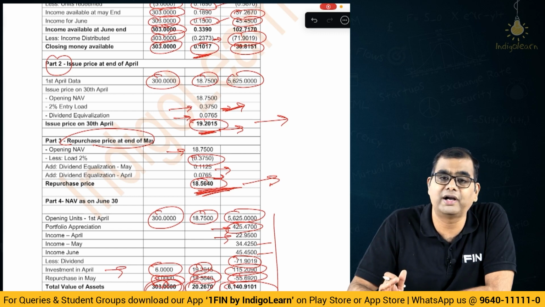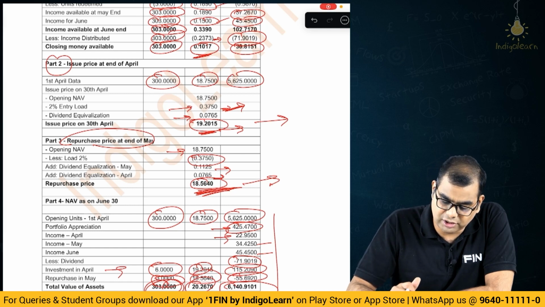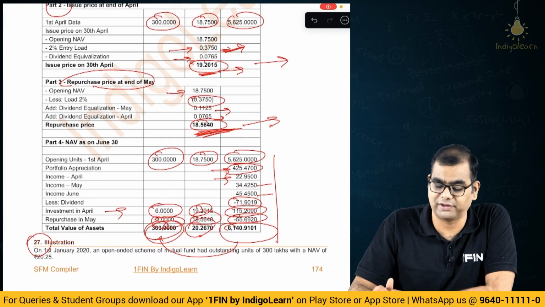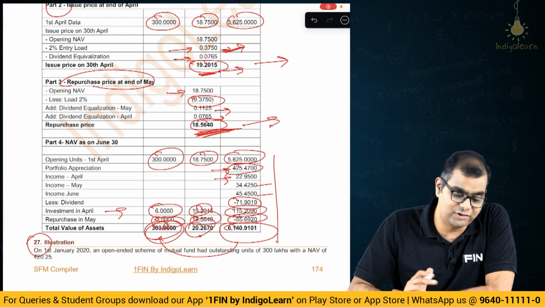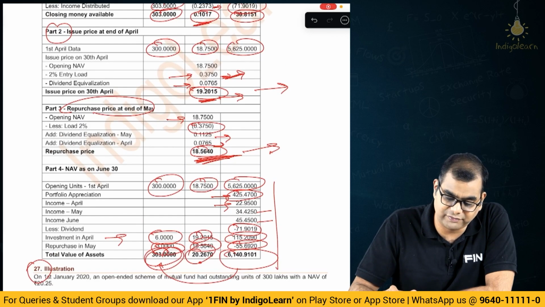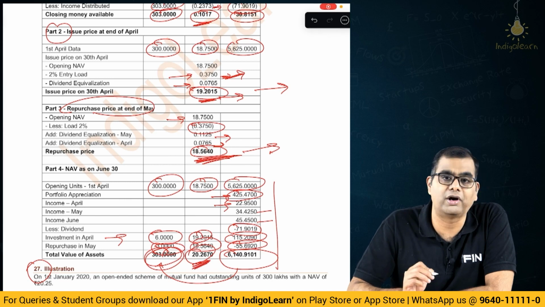So, basically 3.375 lakhs you made. This if you divide it by 303, you get 0.011. That you add to 18.85, you get 18.96. Plus, you have the portfolio appreciation, 425.47. So, you add those two, you get a number which is actually equal to 20.267.